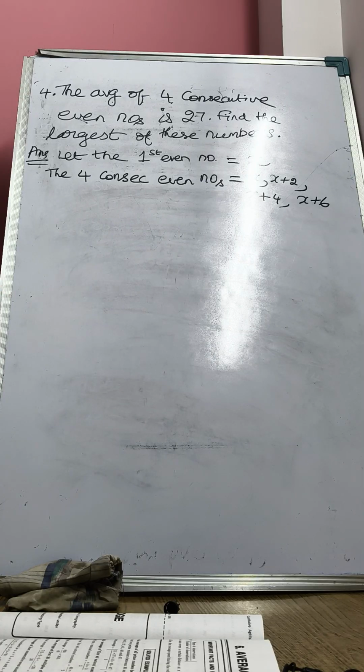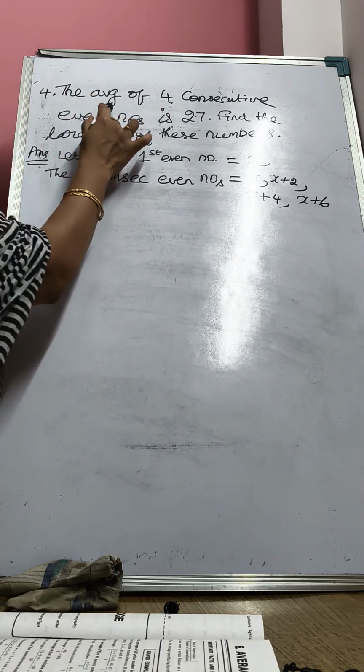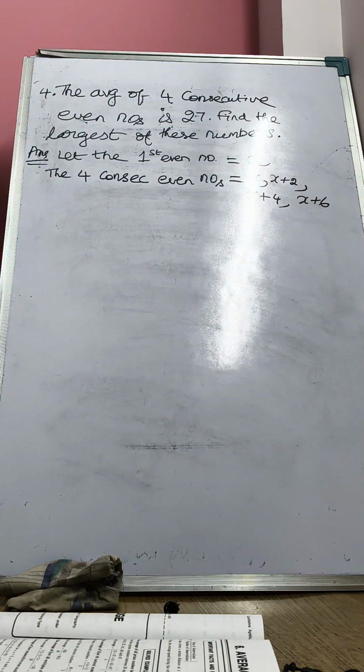Add 2 to x plus 2, it becomes x plus 4. Add 2 to x plus 4, it becomes x plus 6. So since we need 4, we have taken 4 consecutive even numbers. Now go back to the question. It is given the average of 4 consecutive even numbers is 27.